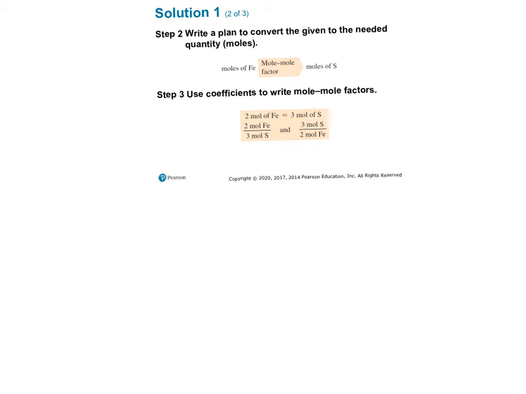So we would start with the number in the problem, 1.42 moles of iron, and then put in our conversion factor. We're trying to cancel moles of iron. That's our known, so that's going to go on the bottom.